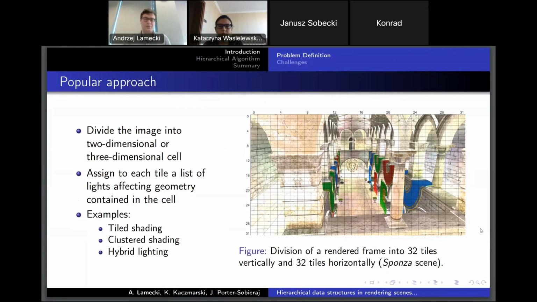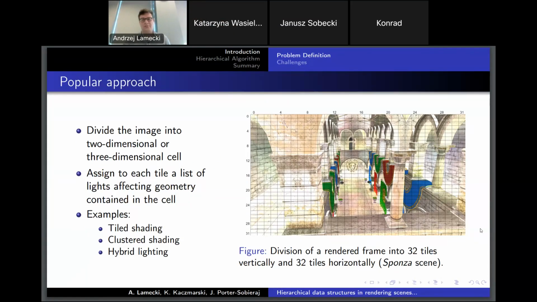The most popular approach to this problem is dividing the rendered image into two-dimensional or three-dimensional cells. An example of such division can be seen in the picture on the right. There we have a rendered image divided into 32 tiles vertically and 32 tiles horizontally. Then after this division, we assign to each cell a list of lights that possibly affect any geometry contained in that cell.